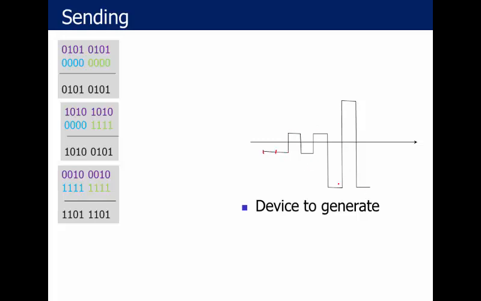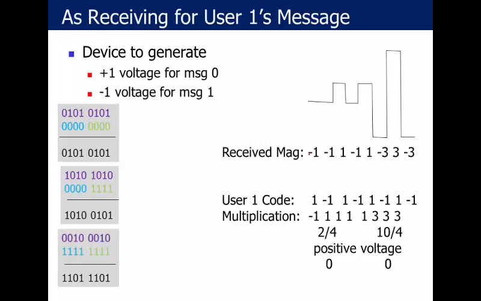This signal is sent out from your antenna, and at the receiver side, it receives this, right? So what it receives here is a negative 1 and positive 1 volt and positive 3 volt and negative 3 volt, right?